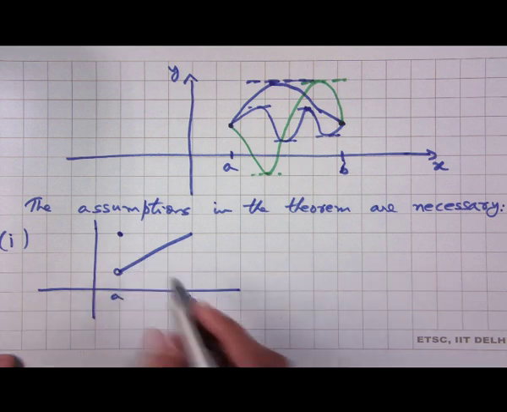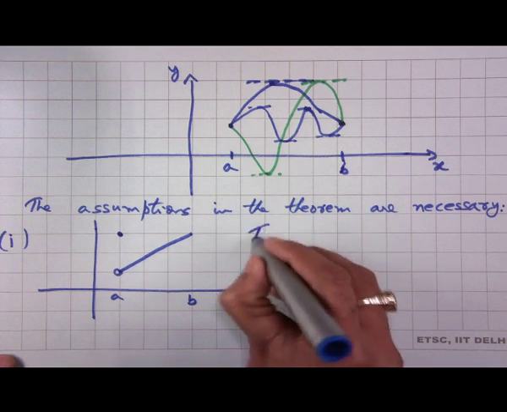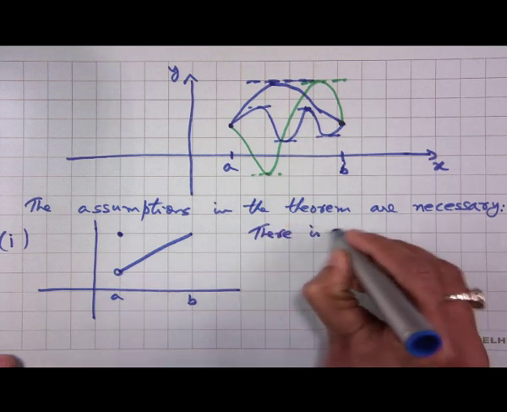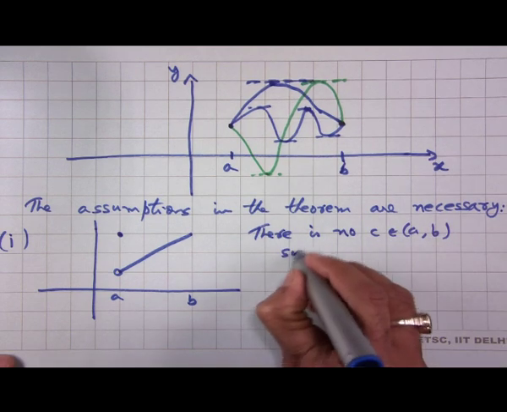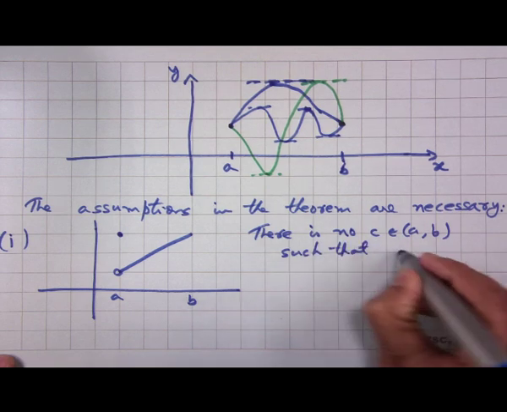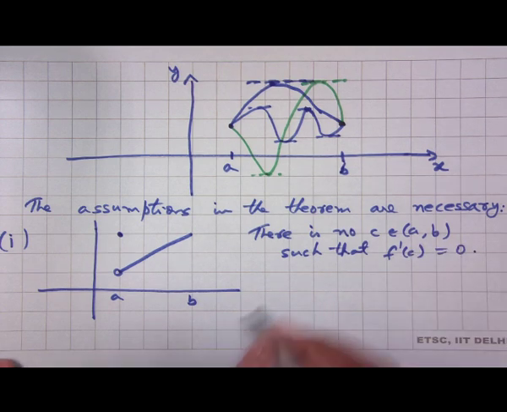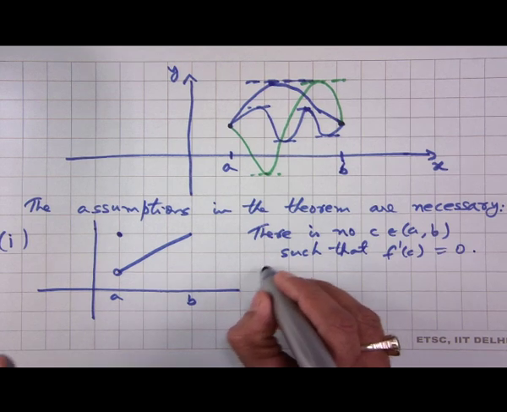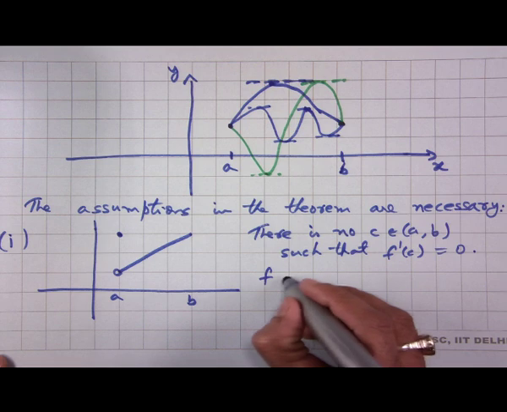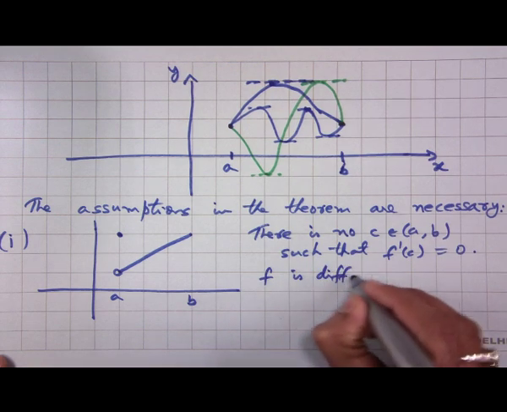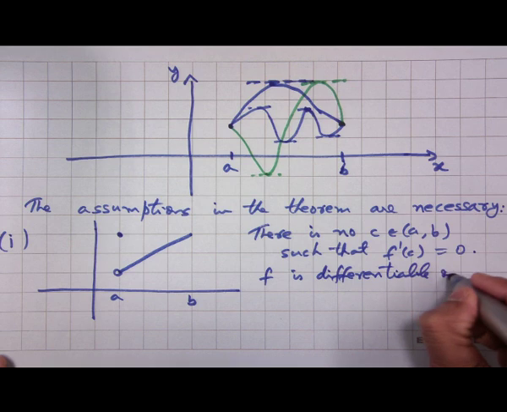For this function, there is no C in the open interval (A, B) such that f prime of C is equal to 0, and the function f is differentiable on (A, B).